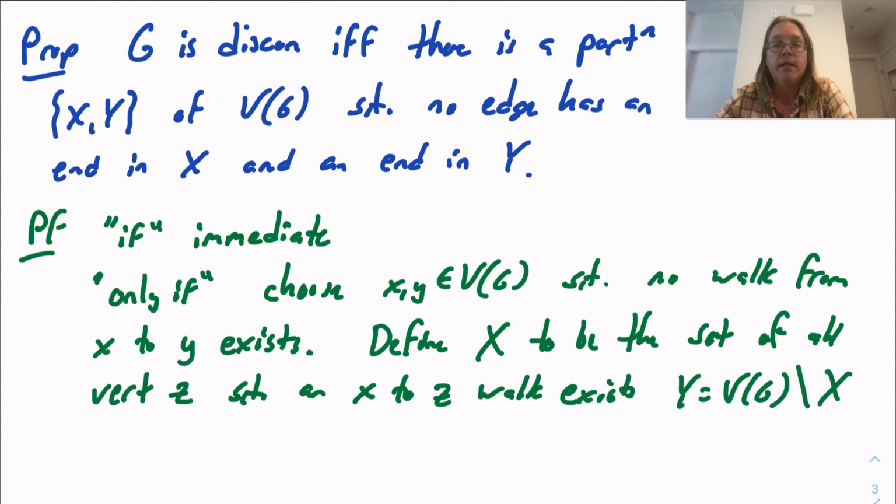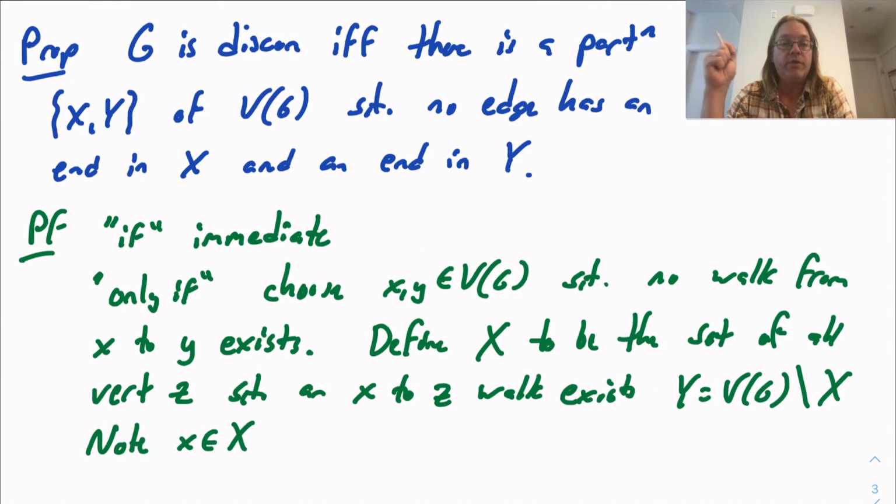Now, let's say a couple things that we know about these sets X and Y. First off, little x is in the set big X. Why is that? Well, I know that there's a walk from any vertex to itself. So my set capital X, the set of all vertices that can be reached from a walk starting at our vertex little x, contains little x, since you can walk from little x to little x.